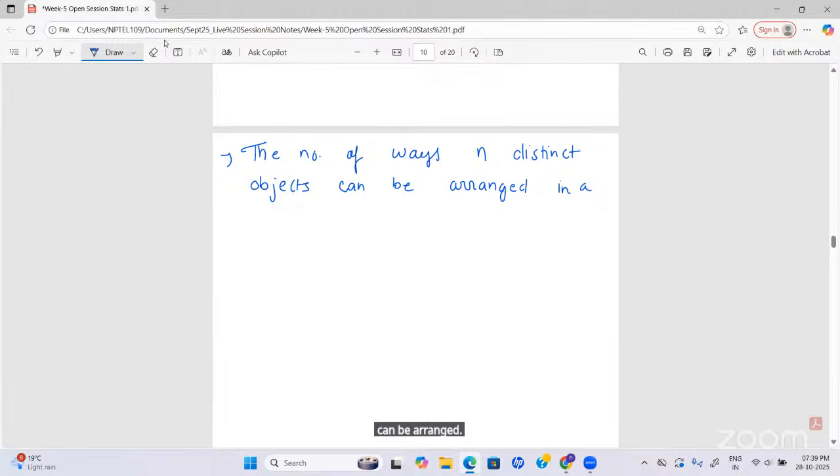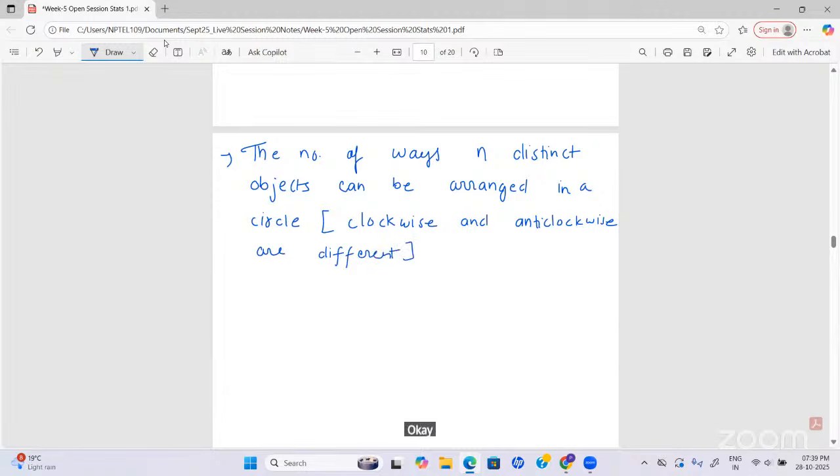So there are two things. The number of ways n distinct objects can be arranged in a circle, when clockwise and anti-clockwise are different.